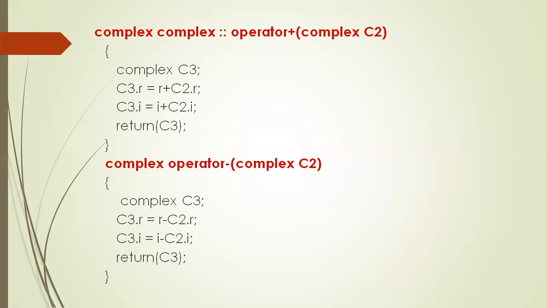The operator here you are overloading is minus. In the bracket you write complex C2. You make small changes there. Then the returned object is C3. Same thing. C3 dot R equal to R, R means C1 dot R, minus C2 dot R. C3 dot I equal to I minus C2 dot I. Return C3. So this line you have to change like this.